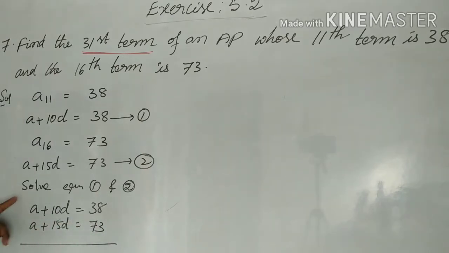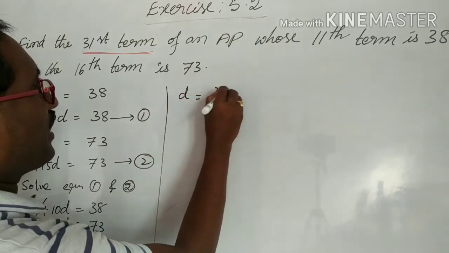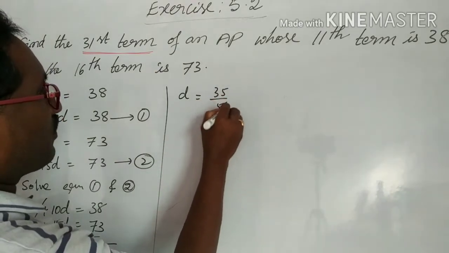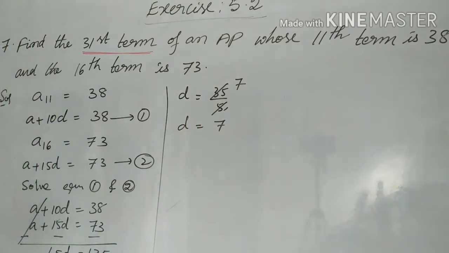Since the A terms are the same, we just subtract and A cancels. 10D minus 15D is minus 5D, equal to 38 minus 73, which is minus 35. Minus cancels minus, so D is equal to 35 by 5, which is 7. You got the D value.